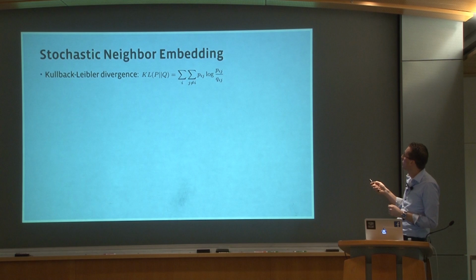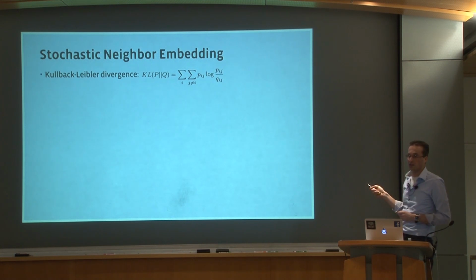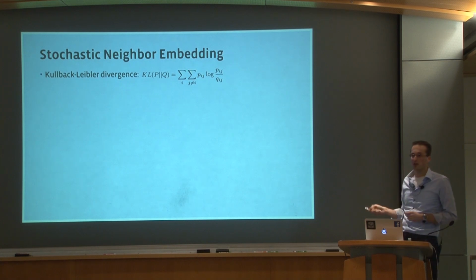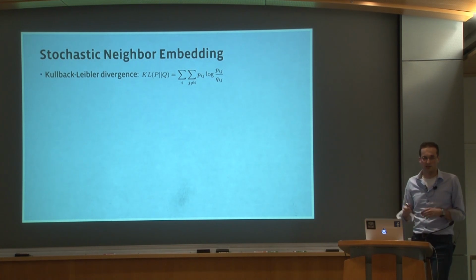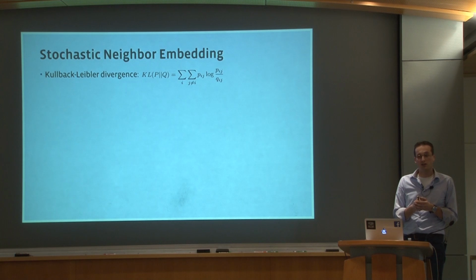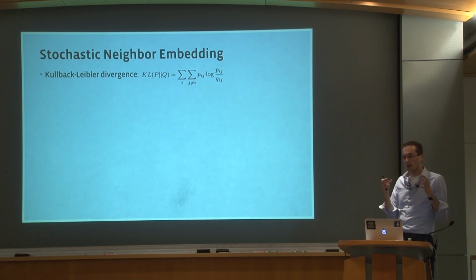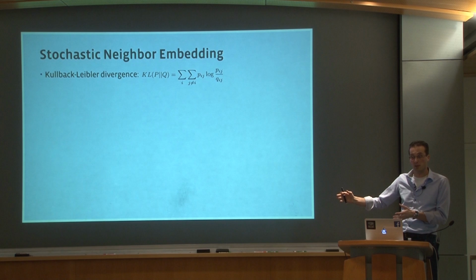If I get a large Pij here, then I better make sure that this guy is not 0. Otherwise I get a large value, divide by 0, multiply by another large value, and that's going to be large. So I'm going to pay a very large penalty for having two things that are similar in the original data far apart in the map.